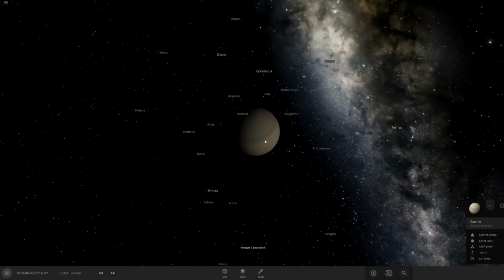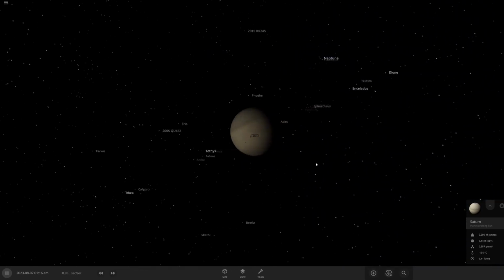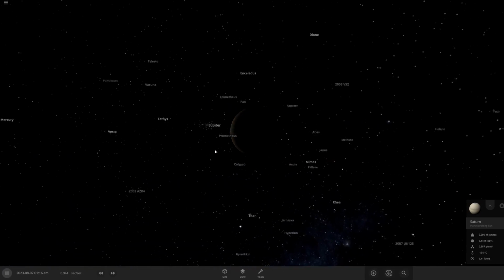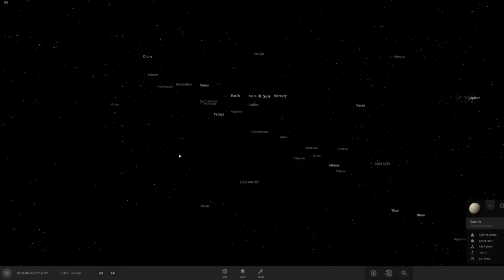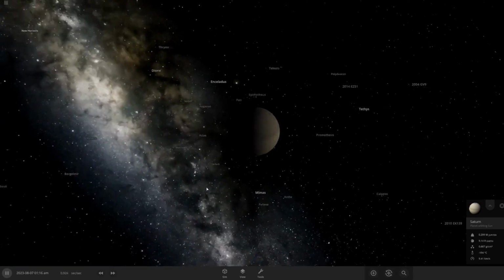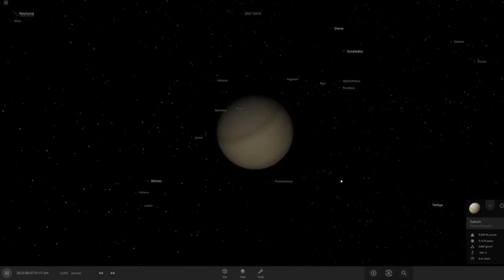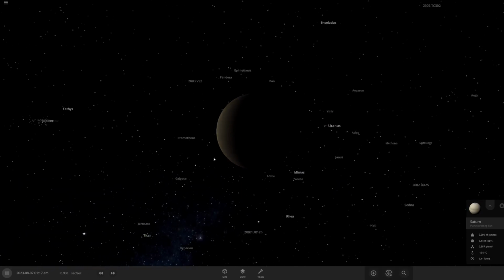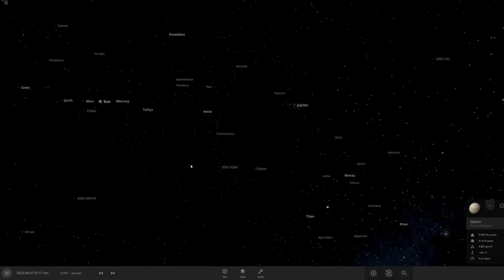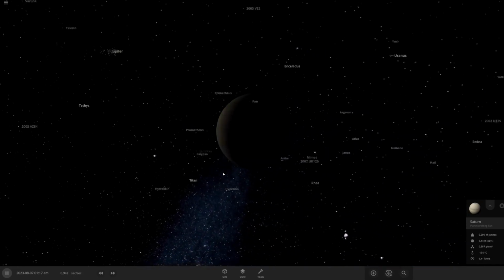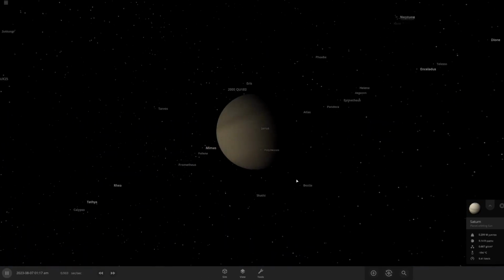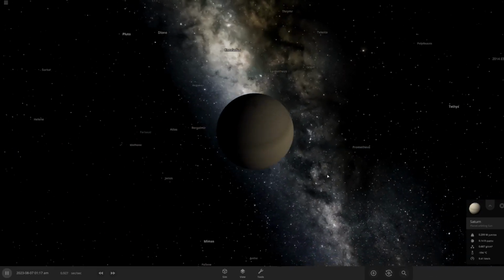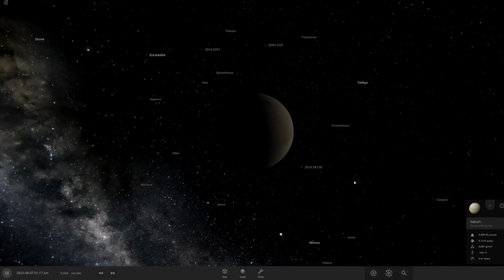That's really far. Maybe we'll come back and take a look at Saturn's rings. Saturn is also made up of helium and hydrogen, similar to Jupiter, but it's not nearly as massive. It's barely 30% of Jupiter's size.